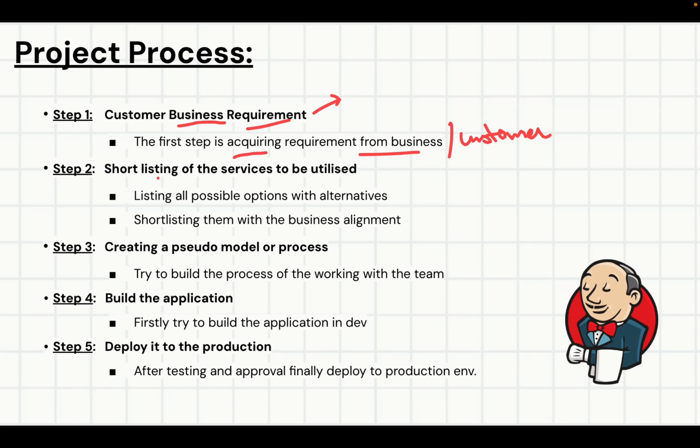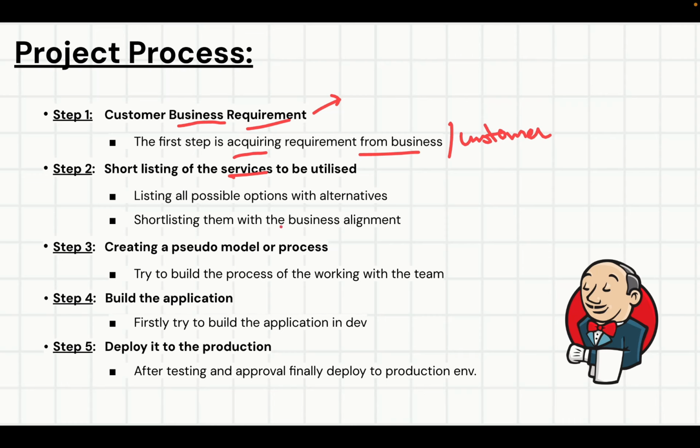Then we have to shortlist the services or tools that we are going to utilize. Let's say we have got the project, then we have to make sure on which platform we need to deploy the things. We need to discuss to and fro to get all the possible options with the alternatives available. So the client or the customer has to be provided with the particular options so that he or she can pick from those accordingly.